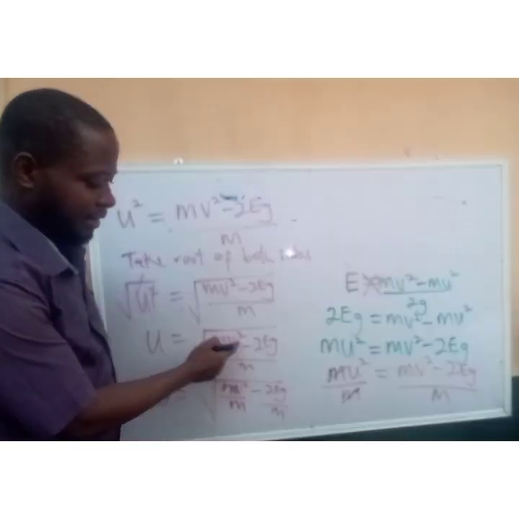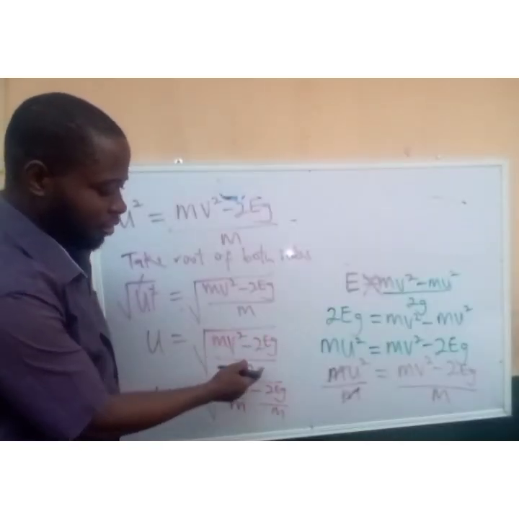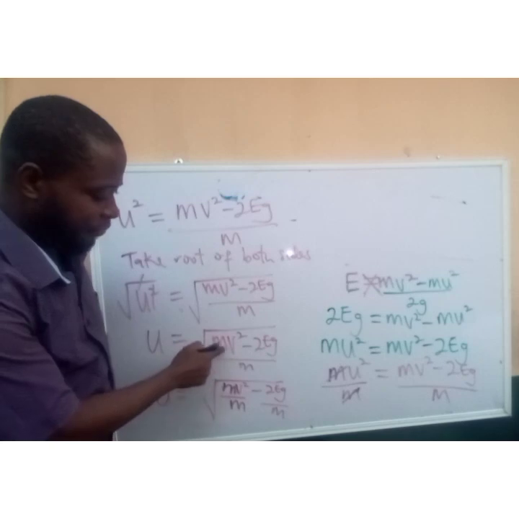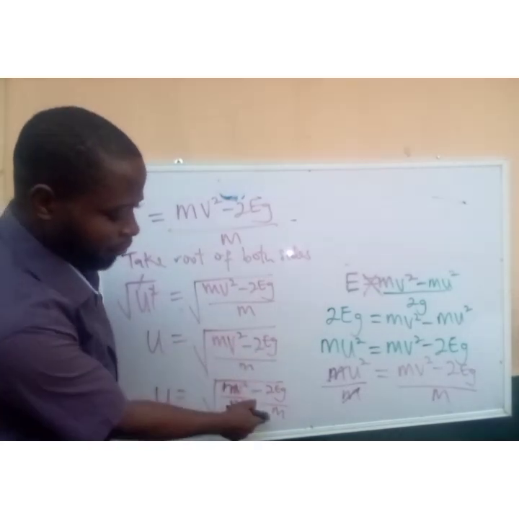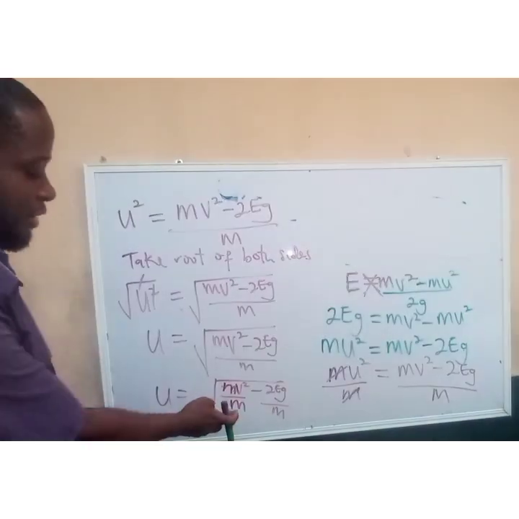MV square minus 2EG all over M simply means MV square all over M minus 2EG all over M. So we have shared it for them.